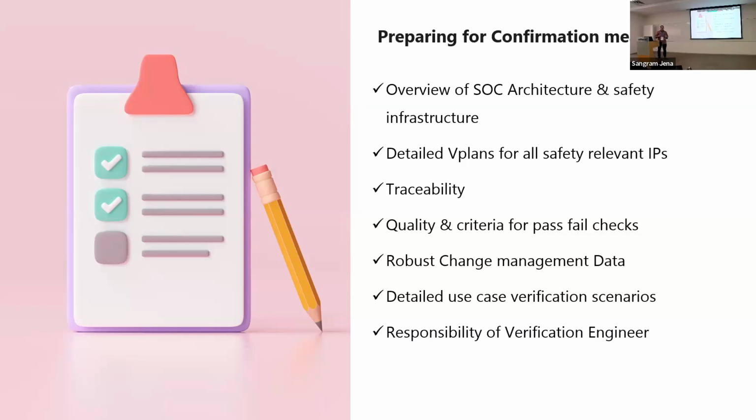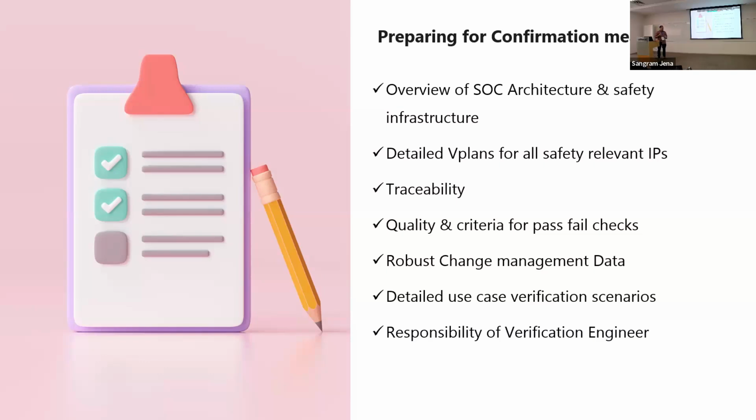The normal process would be the architect or some senior guy raises a ticket for that requirement, then the verification people check that requirement, and that's about it. We add that test in our V plans and in our regressions. But that additional requirement was captured as part of a ticket, and we had not gone back and updated our original safety requirements. So that kind of created a hole.